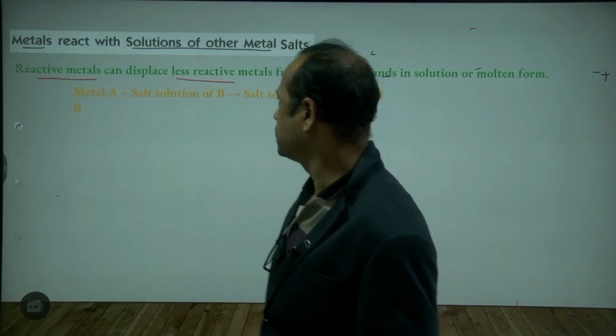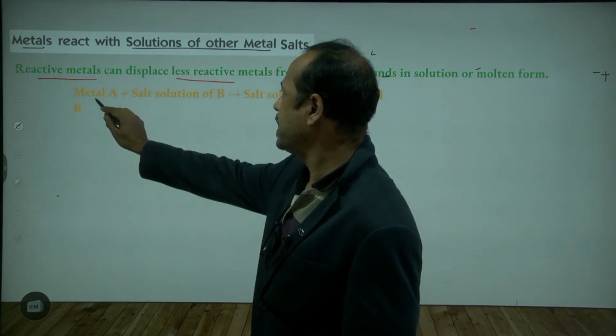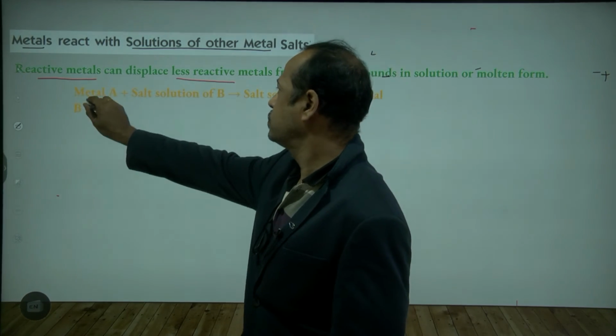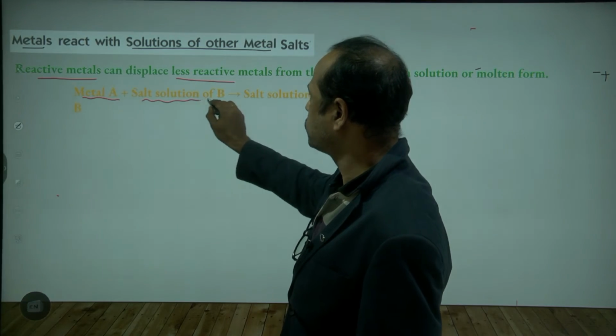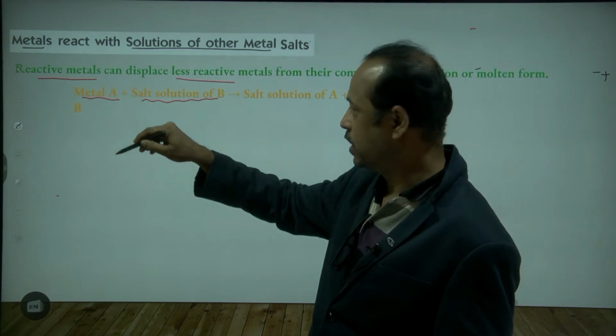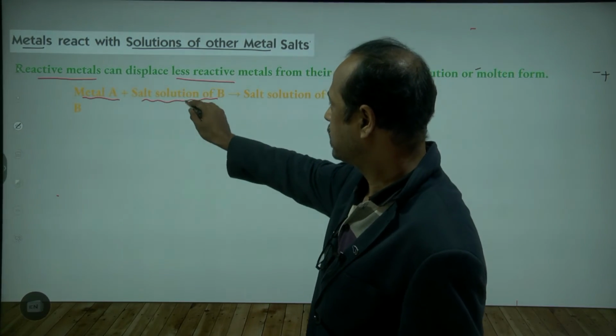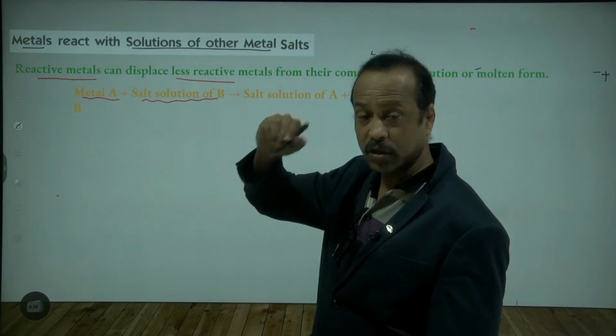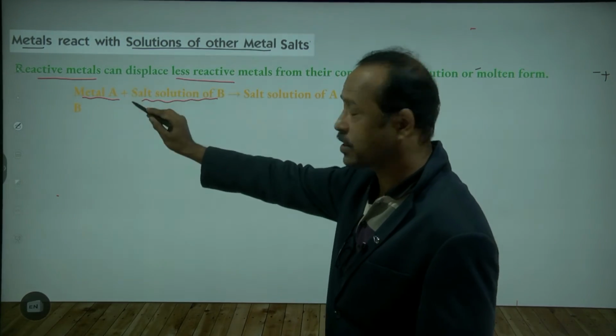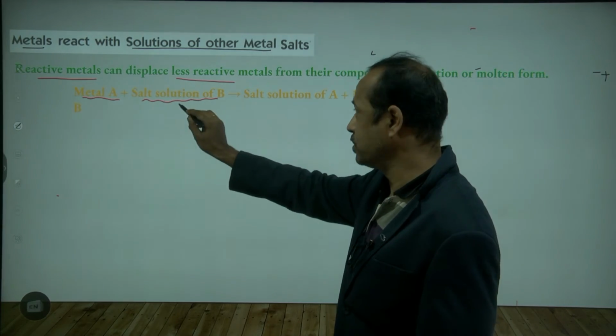Yes, sir. So now see here, for example, metal A. One metal is there, this is metal A, and it is combining with the solution of another metal B. We are adding metal A, which is more reactive, to some less reactive metal solution.